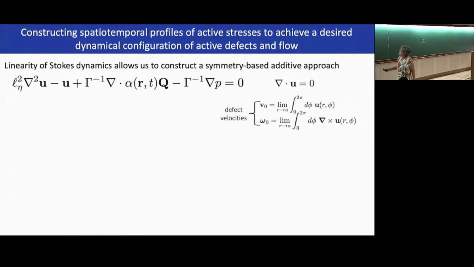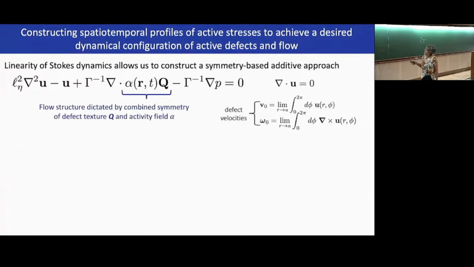So this is the Stokes equation again, written in a slightly different way. Now alpha is under gradient because we are looking at the possibility of spatially and temporally varying activity. And if we solve this equation, again using this as the source for the flow, the defect velocities can then be defined as the essentially angular average of the velocity and the vorticity at the core of the defect.